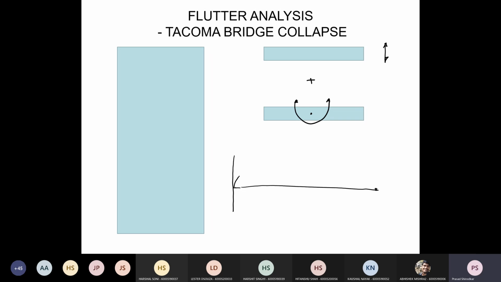This is the frequency with which the bridge is vibrating, that is the frequency of vibration, omega. And because of the conditions of the wind which was blowing, the external forcing frequency became equal to the natural frequency of the system.